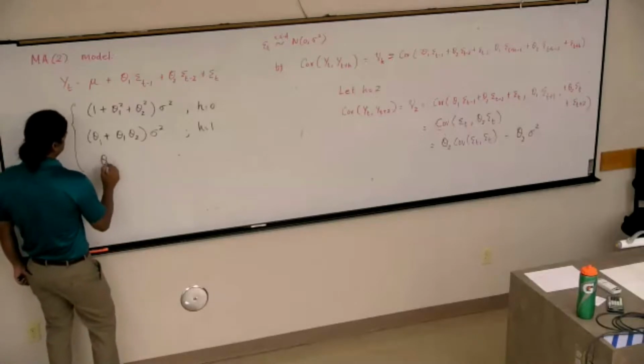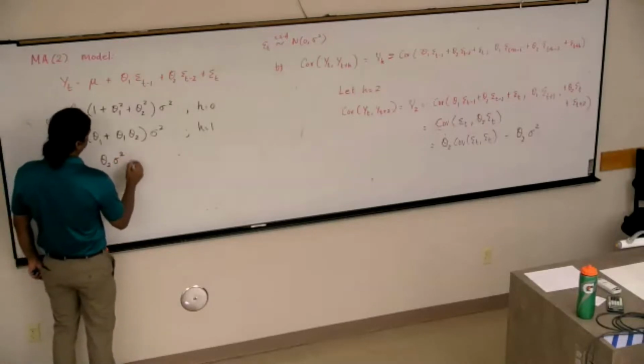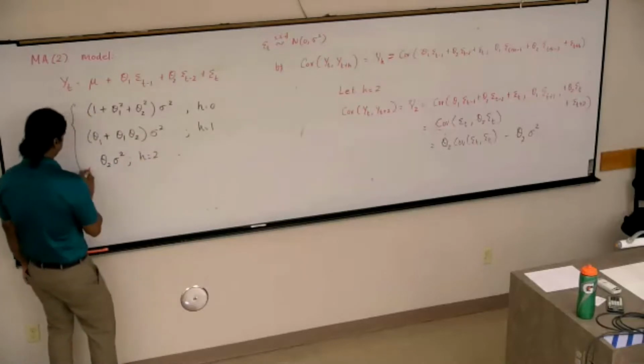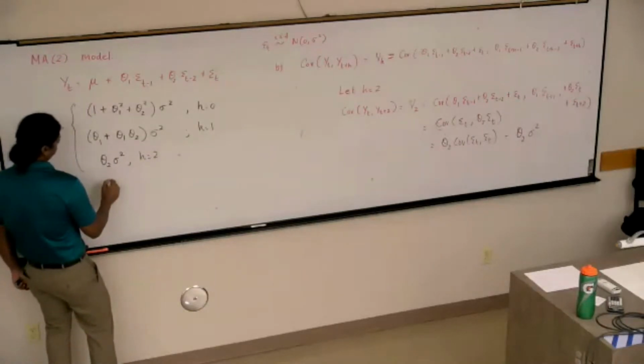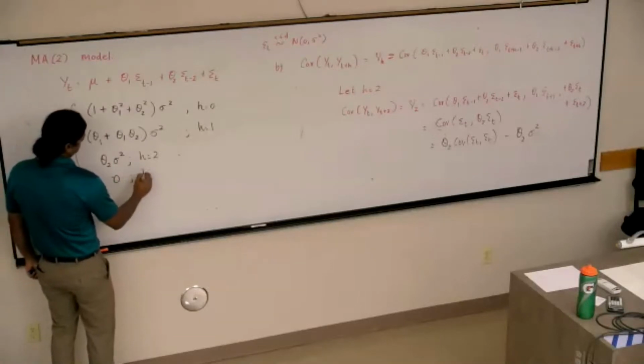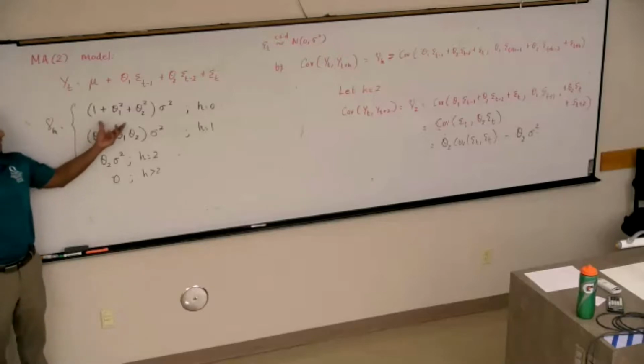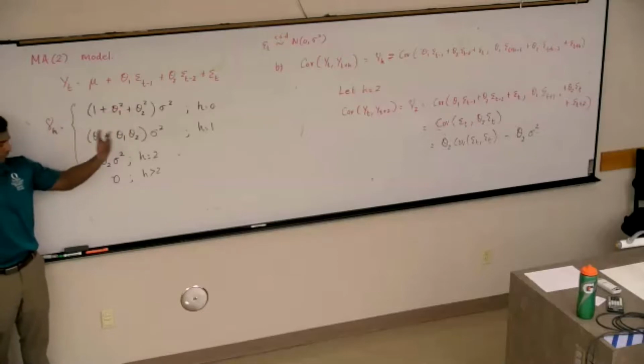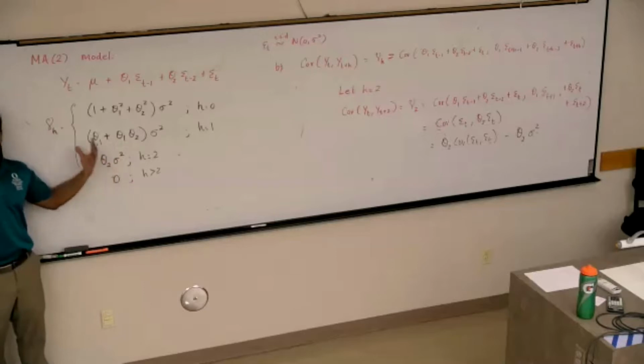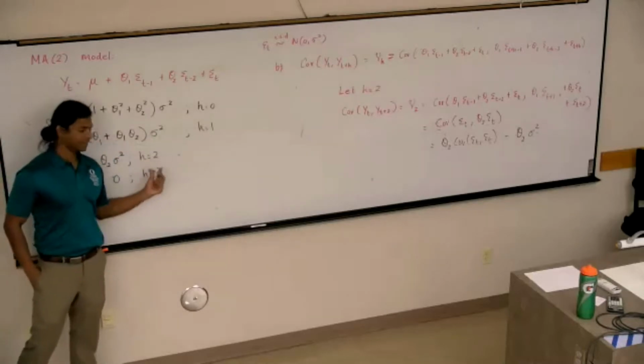Lastly, it would be theta 2 sigma squared when h is 2. For all other values, it would be 0, and we can see the expression for individual cases of h does not depend on time at all. It purely depends on h.